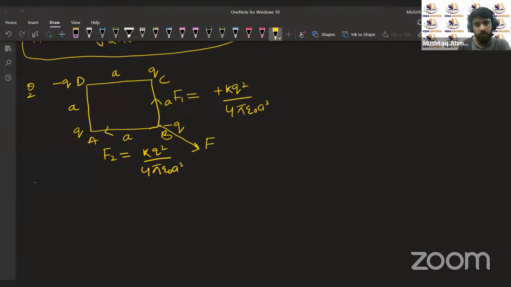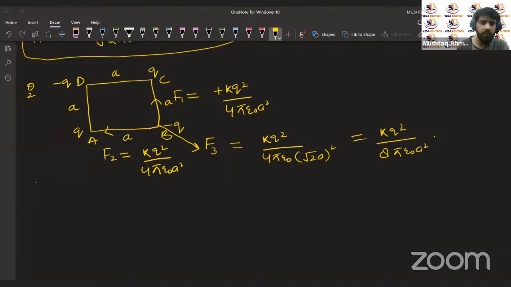Let me call this F3. The magnitude of F3 will be KQ square upon 4 pi epsilon naught times the distance squared, and the distance is root 2 A, so it will be KQ square upon 8 pi epsilon naught A square.